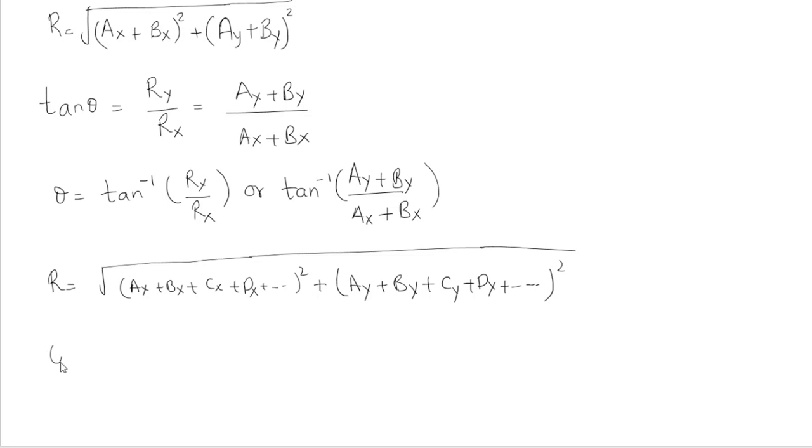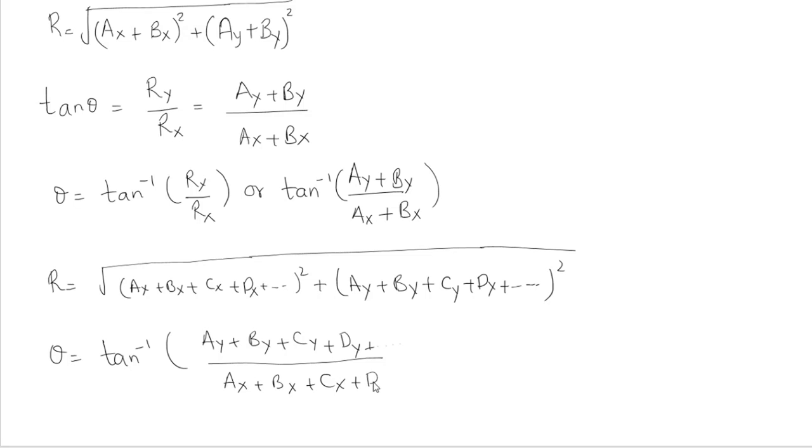Similarly, the angle will be found the same way: we write the AY plus BY components on the top and the X components on the bottom, by definition. So this is the general form for the direction and magnitude of the resultant vector if more than two vectors are given.